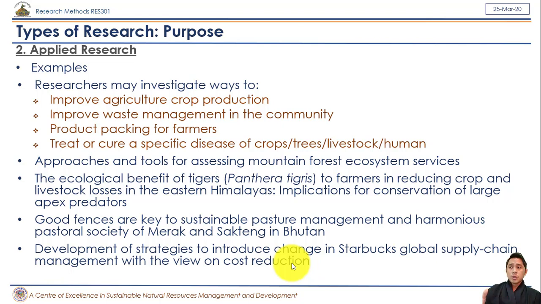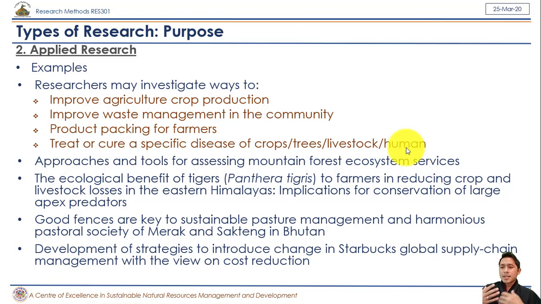Like you want to improve agricultural crop production through new means, because you must have some new means to improve agriculture production. You want to treat or cure specific diseases of crops, trees, livestock, or humans by doing this research.